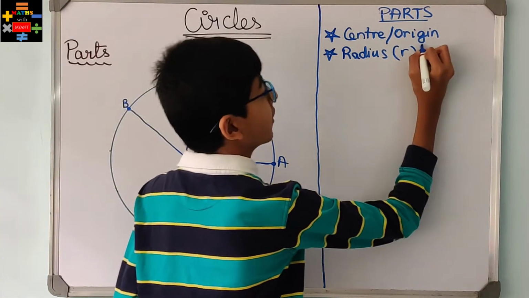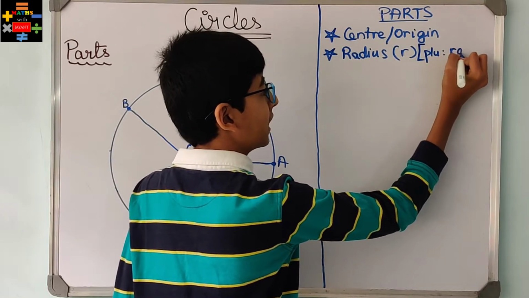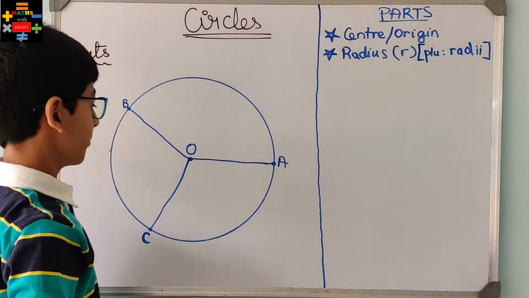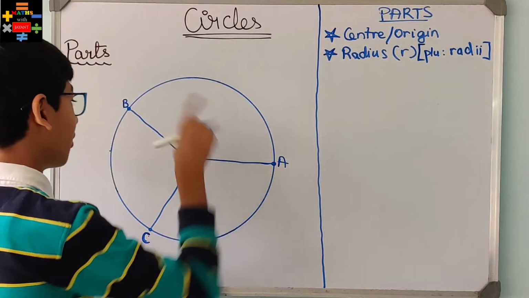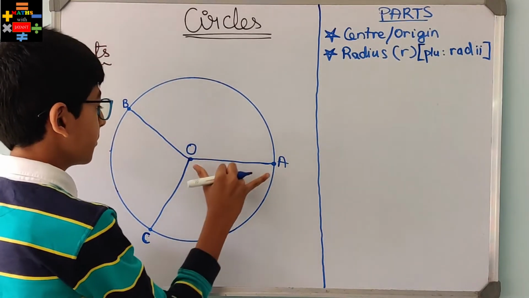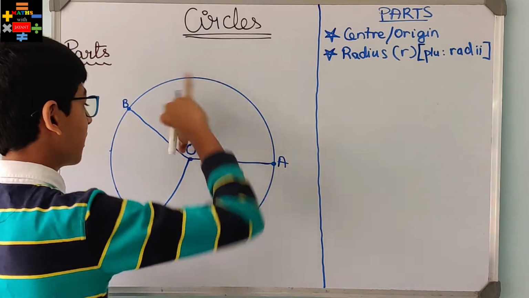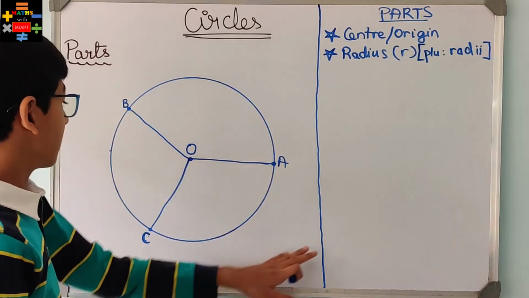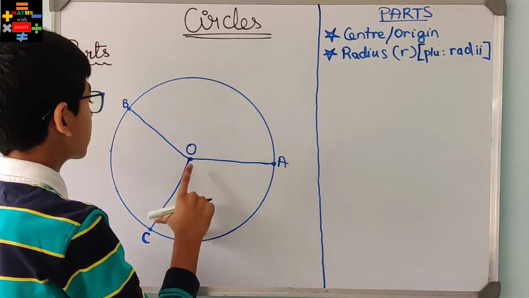The plural of radius is radii, R-A-D-I-I. All these are radii and the length of all of them will be equal, because the length between the center and any point on the circumference is equal. Therefore all radii will be equal. So in this case OA equals OB equals OC.